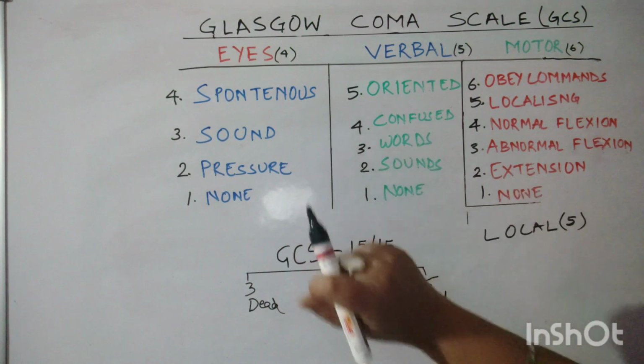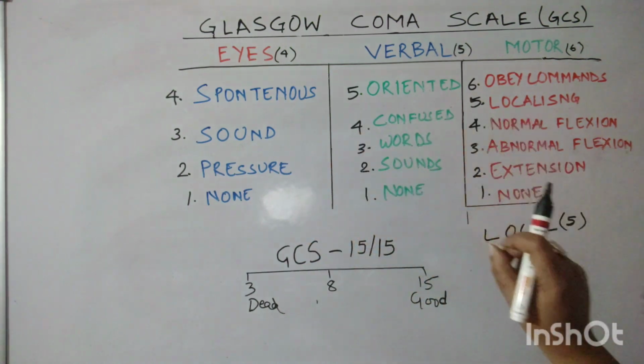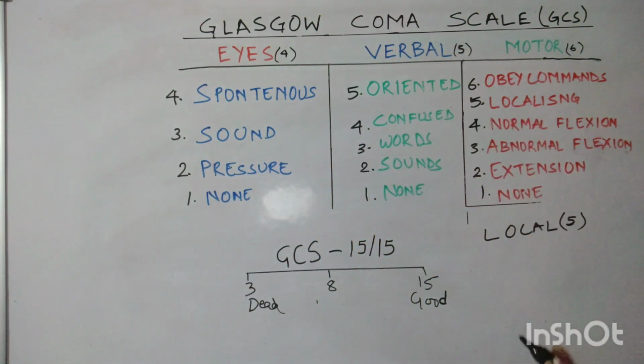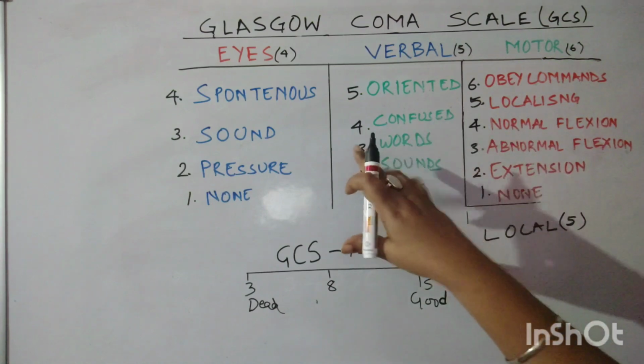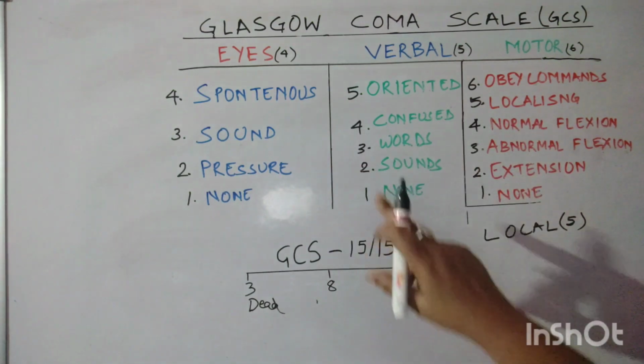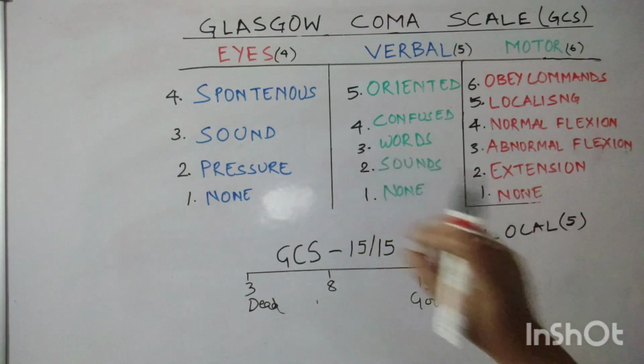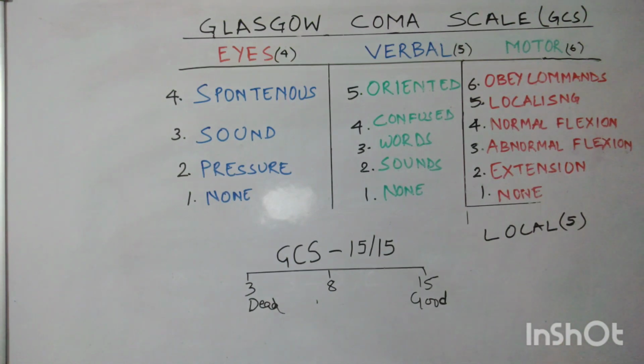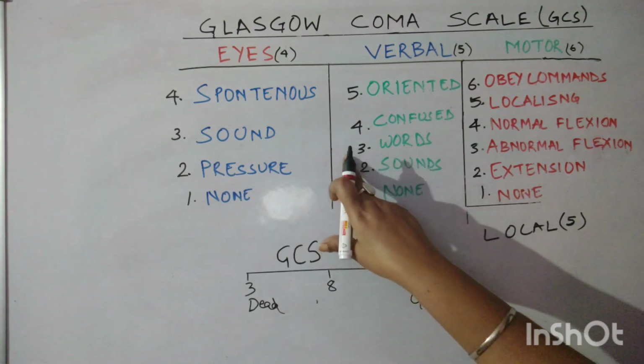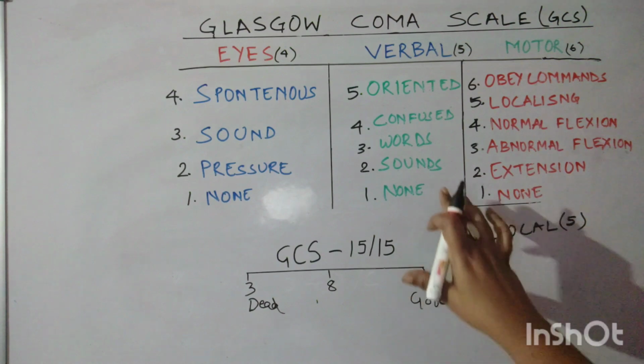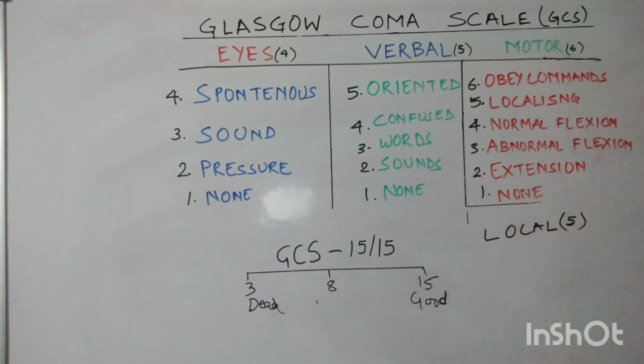Whenever a patient talks and makes a sentence but he is confused, we give him score 4. If he is not making sentences but is uttering words, then we give score 3. If he is making some sounds from the mouth, trying to speak but the words are not clear, then we give 2.